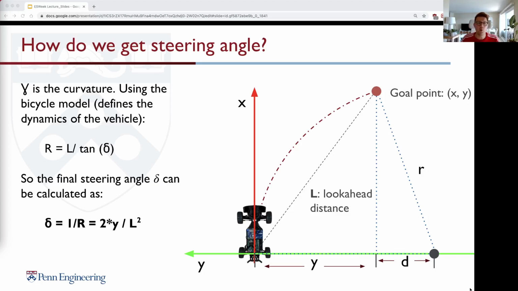But now we create a relation between the steering angle and the radius of the arc, which is the look-ahead distance divided by tangent of the steering angle. And our steering angle delta is then finally 1 divided by r, which means the curvature, which is equal to 2 times the y position divided by the look-ahead distance squared.